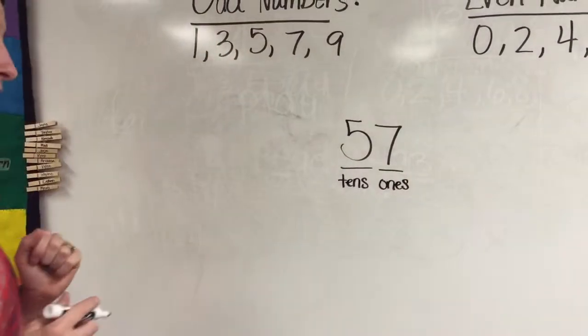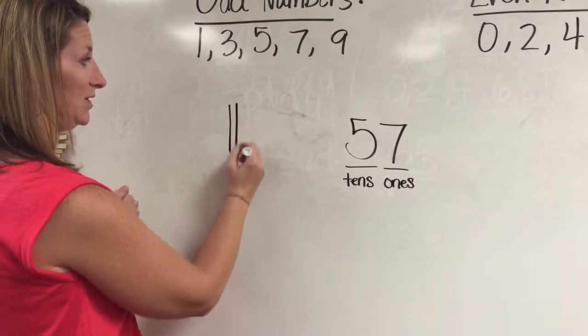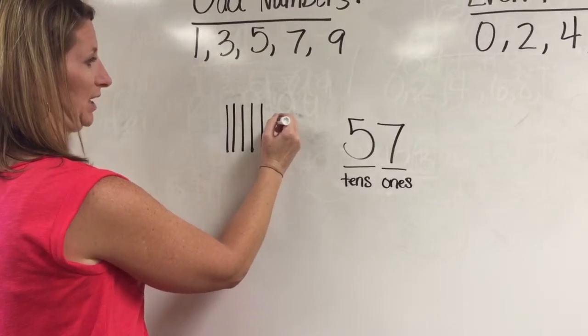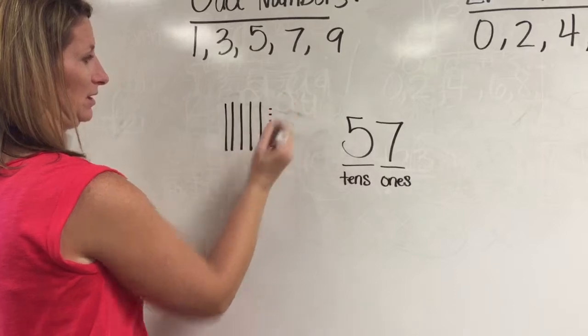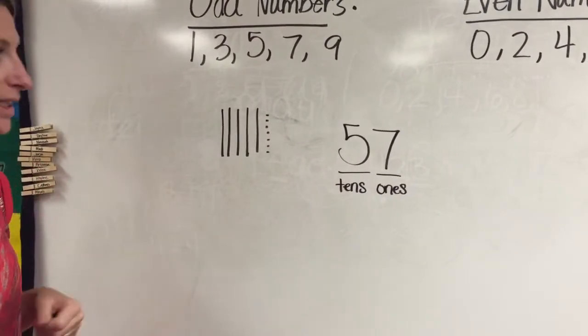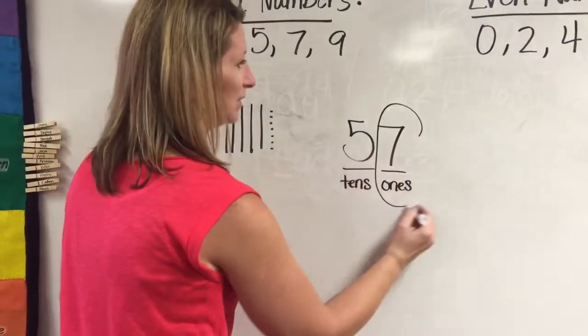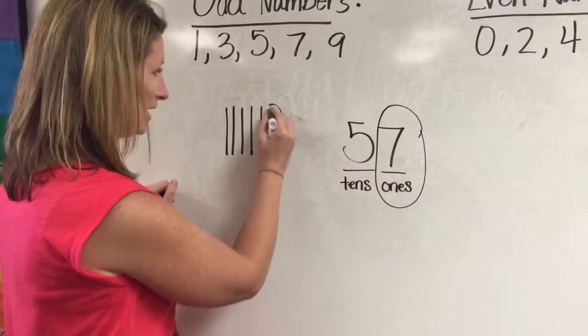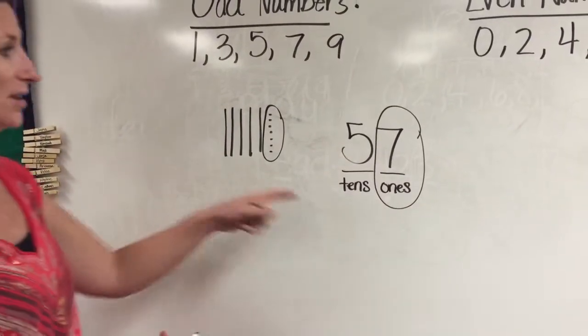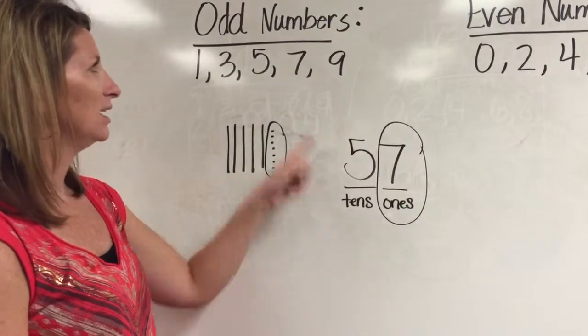Okay, so if you make the number 57, you're going to use 5 tens and 7 ones blocks. Okay, that's how we represent the number 57. And we're only going to look at the ones place to determine if a number is odd or even, because that's right here. So if we have 7 ones, we know that the entire number 57 is odd.